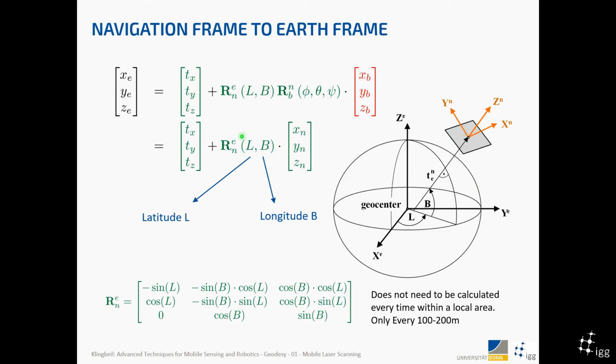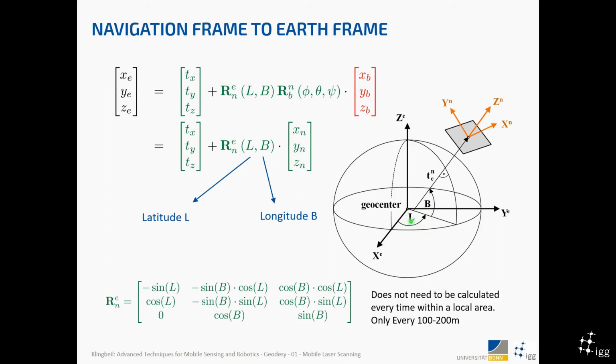And this is given by longitude L and latitude B. So how to rotate that tangential plane so that it is aligned with the axes of the Earth only depends on the position on the Earth, which can be given by longitude and latitude.